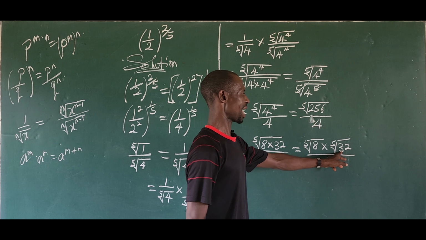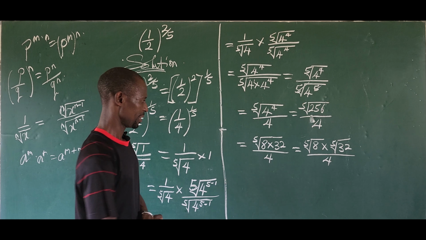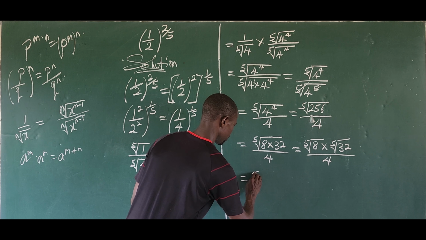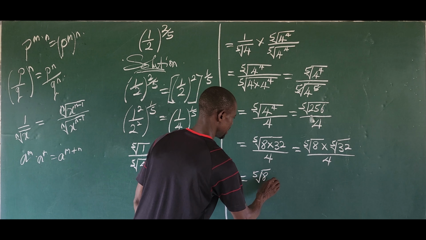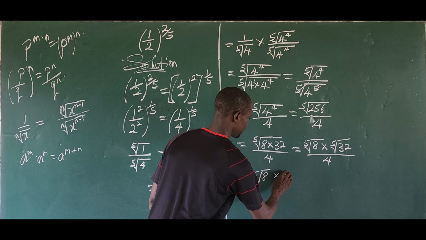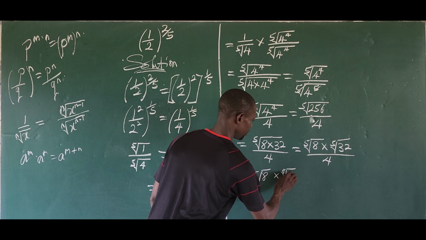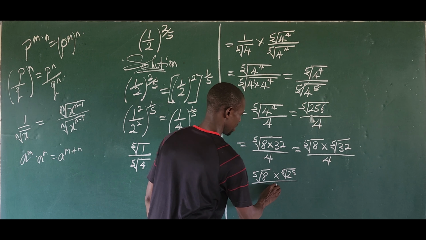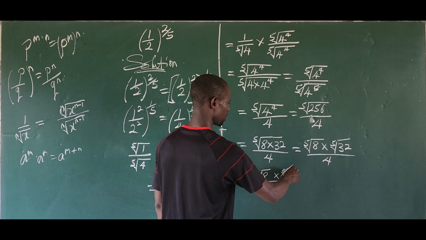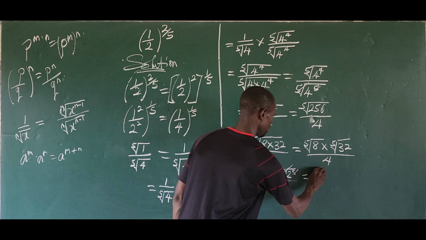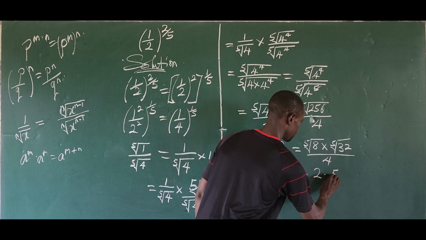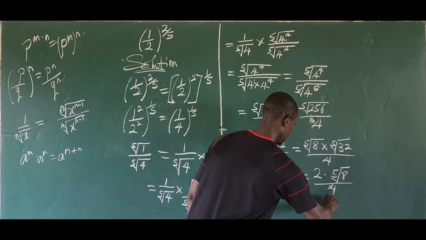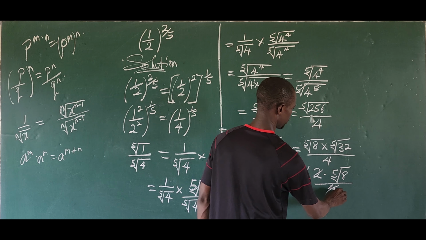32 could be expressed as 2 to the power of 5. And so this will end up giving us the fifth root of 8, then times the fifth root of 2 to the power of 5. Everything all over 4. And so these will go with this. So we end up having 2 times the fifth root of 8 all over 4. So 2 here, 1, 2 here will give us 2.